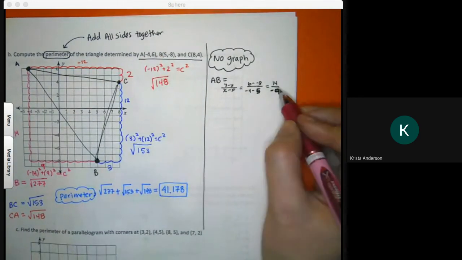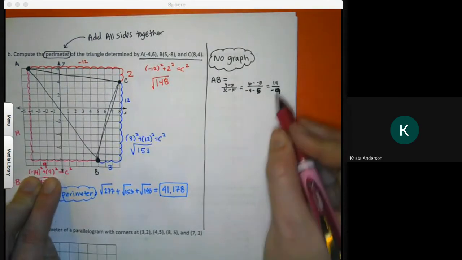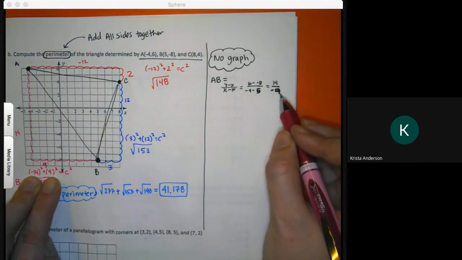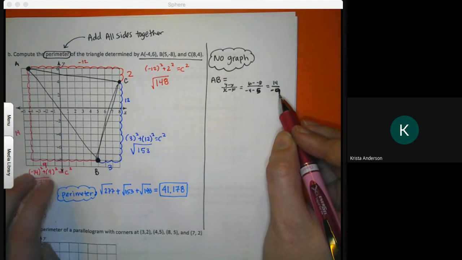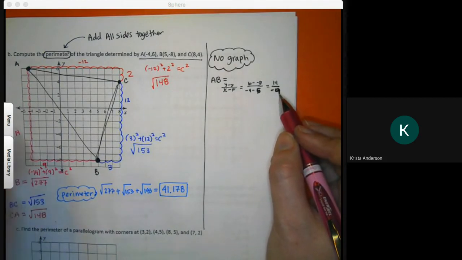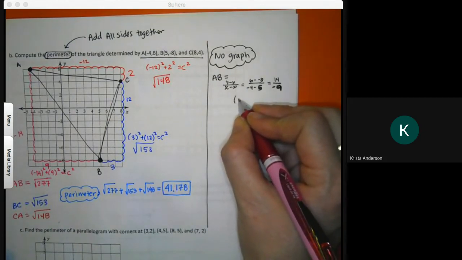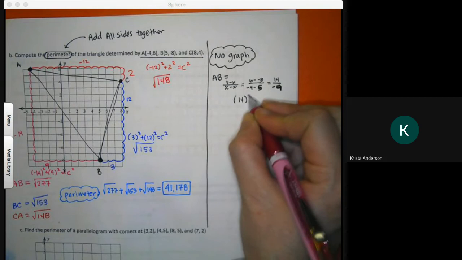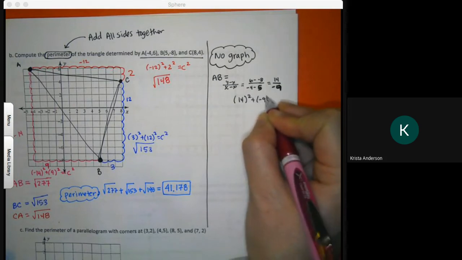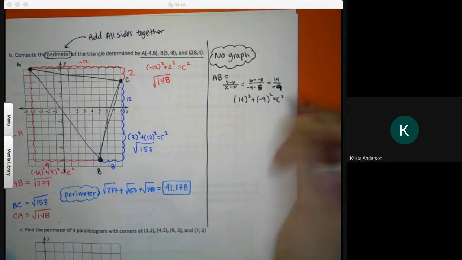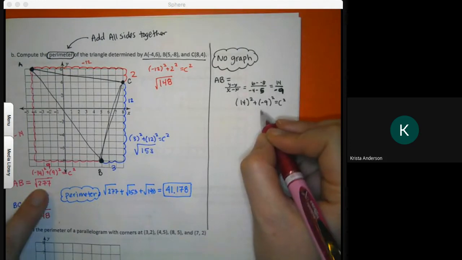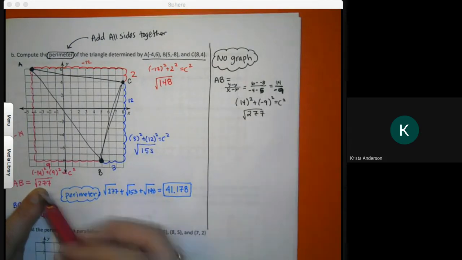Do you notice the 14 and the 9 are the exact same numbers that we got when we were counting on the graph? They're the exact same numbers. So when I plug them in, they will get the same value as I did over here on the left.